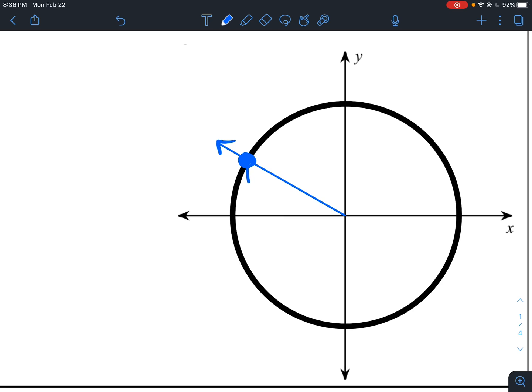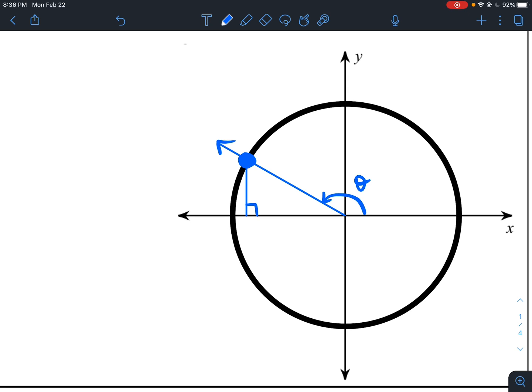If we draw a line down from that point, then we have a right triangle. This right here is theta. This is the angle that we rotated. And now we have a right triangle from that.